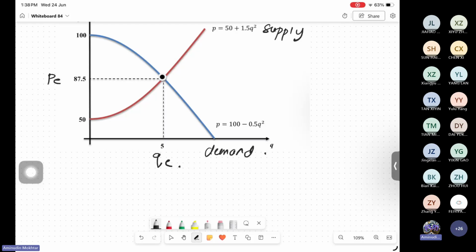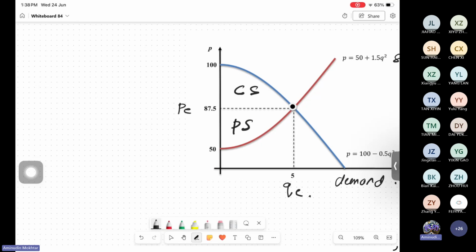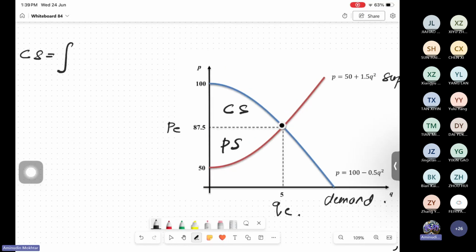The intersection between demand and supply is referred to as the equilibrium. But the question is, we want to find the consumer surplus, this area, and the producer surplus, this area, CS and PS. Okay, how to find the area? Okay, for consumer surplus, CS, the formula is the integration of the demand. What is the demand function?